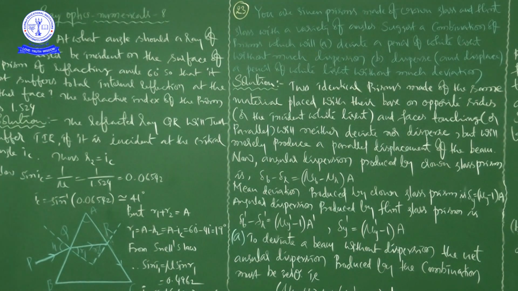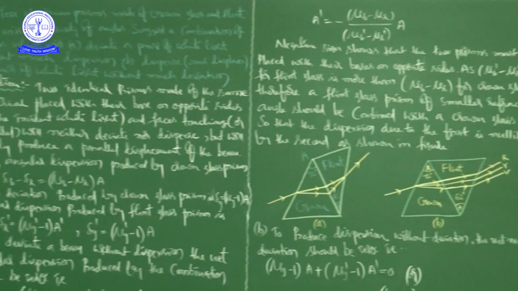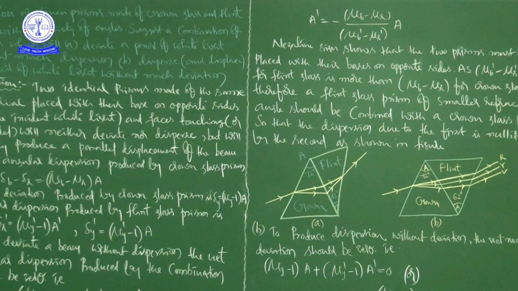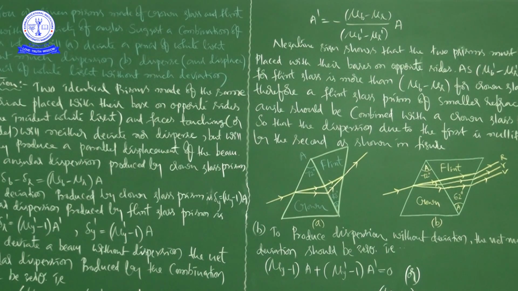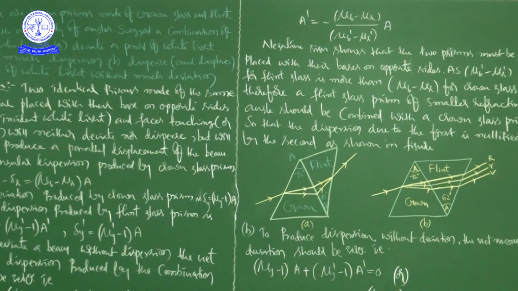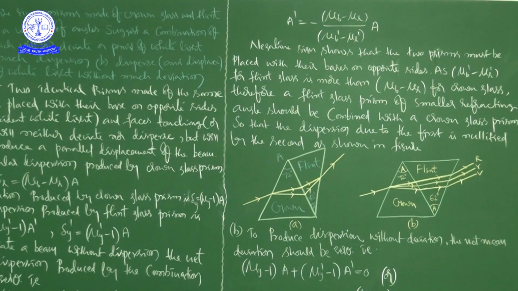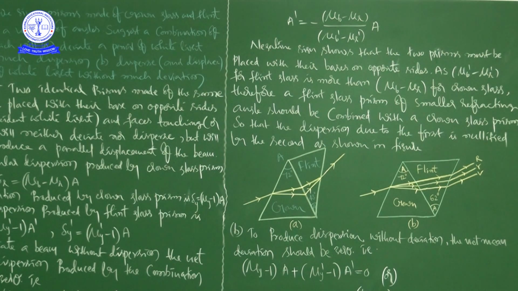From this, A dash is equal to minus mu B minus mu R divided by mu B dash minus mu R dash into A. But the negative sign is there, no? So what is this negative sign showing?